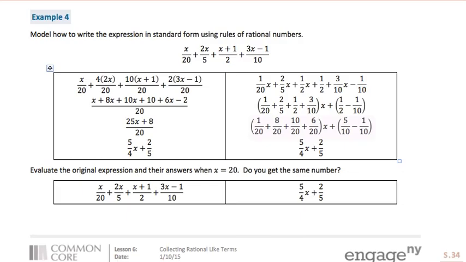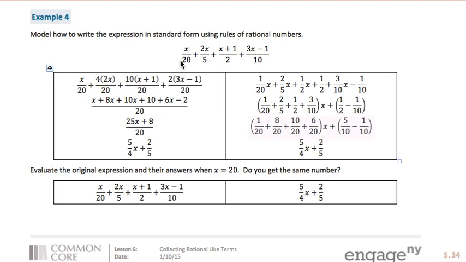In example 4, we're going to model how to write the expression in standard form using rules of rational numbers. So our original expression is x divided by 20 plus 2x divided by 5 plus x plus 1 divided by 2 plus 3x minus 1 divided by 10. Now, in order for us to work easily with all of this, we've got to have a common denominator.